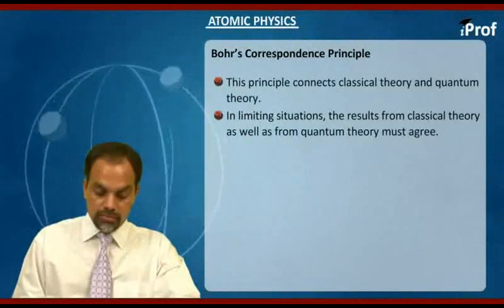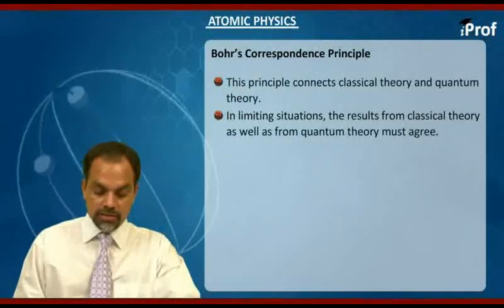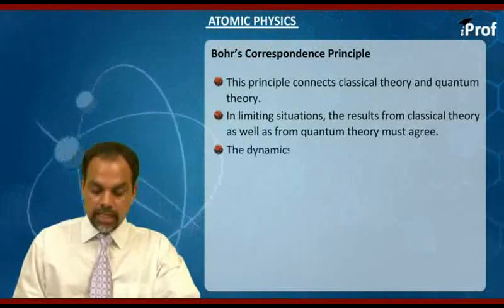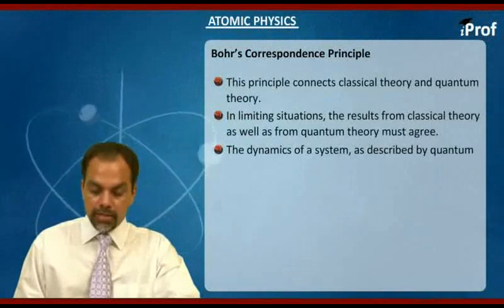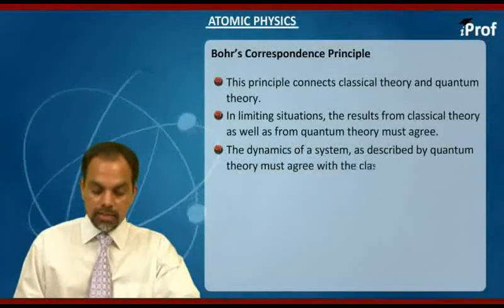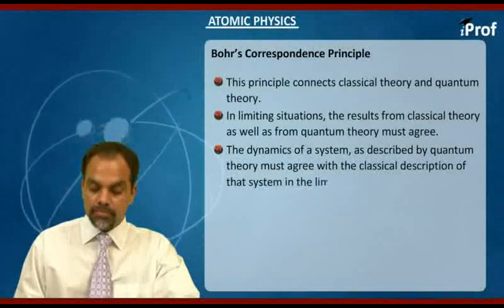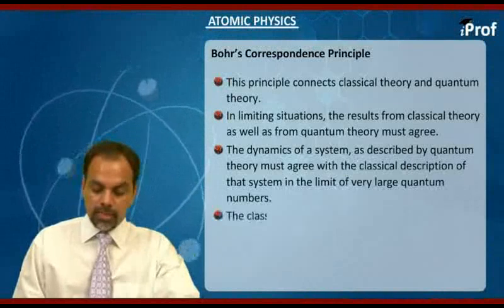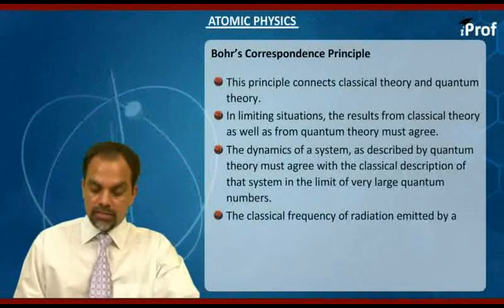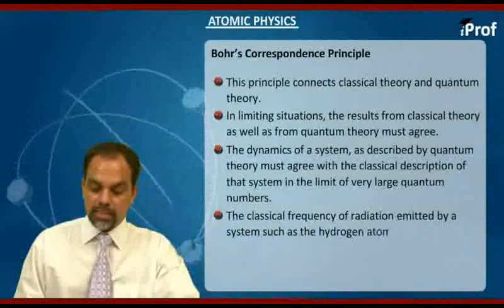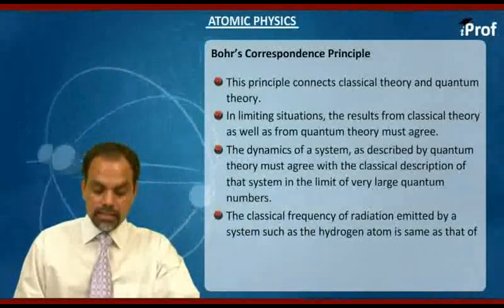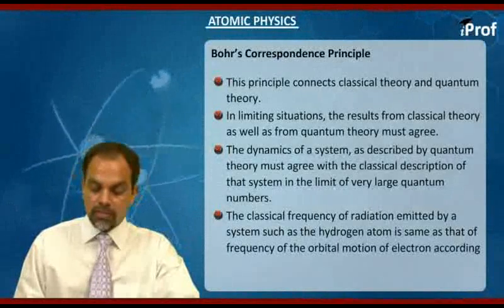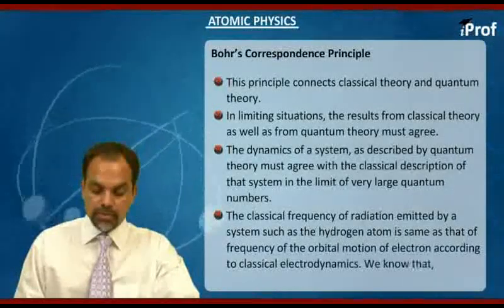To put it in a more refined fashion, Bohr's correspondence principle can be stated thus: the dynamics of a system as described by quantum theory must agree with the classical description of that system in the limit of very large quantum numbers. The classical frequency of radiation emitted by a system such as the hydrogen atom is the same as the frequency of orbital motion of the electron according to classical electrodynamics.